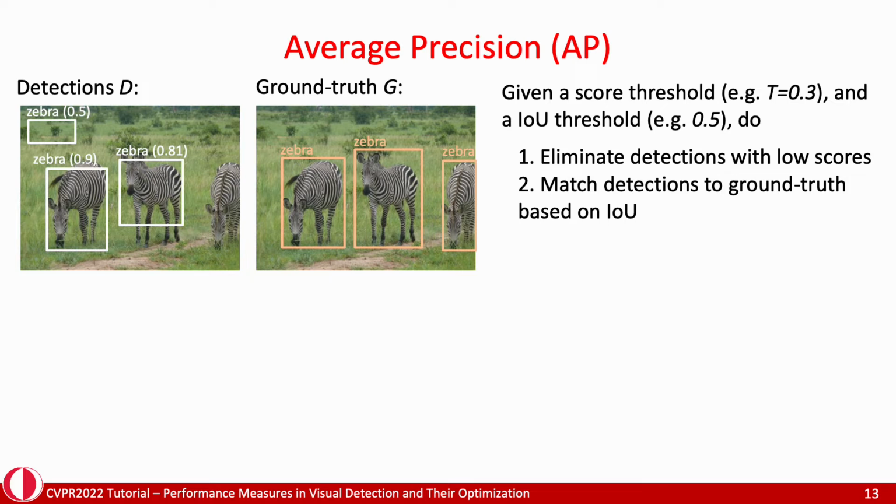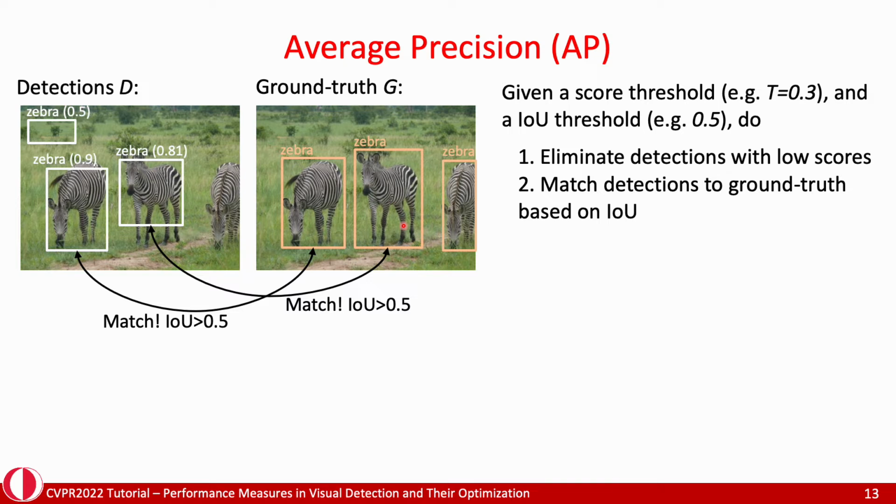Here, in this example, we have two matches. This particular detection matches with this particular ground truth item, and this detection matches with this ground truth item because they both have intersection over union values larger than 0.5.